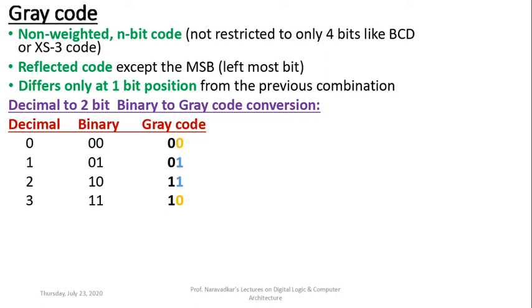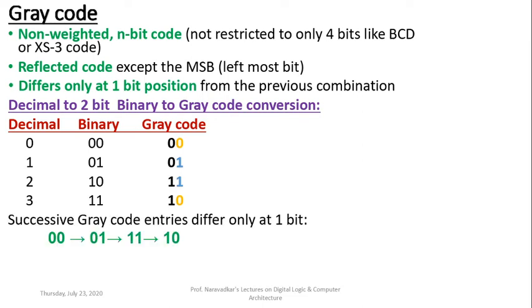Again in this last gray 1, 0, compared to its previous combination, there is a single bit change, 1, 1 to 1, 0. That left bit 1 does not change, but the right side bit, the LSB bit, changes from blue 1 to yellow 0 here.